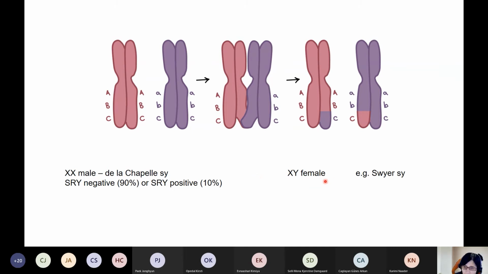In this case, the individual having XY chromosomes will become female. Of course, genetically male, but phenotypically will become a female. For example, the Swyer syndrome, these malformations or disorders of the sexual development, we will see in case of the second lecture of this topic.